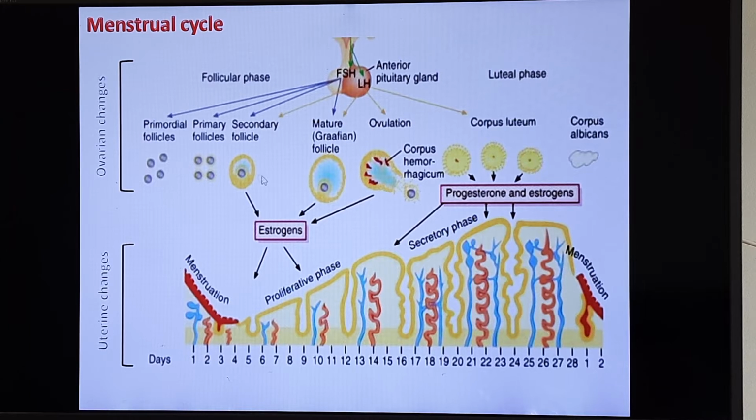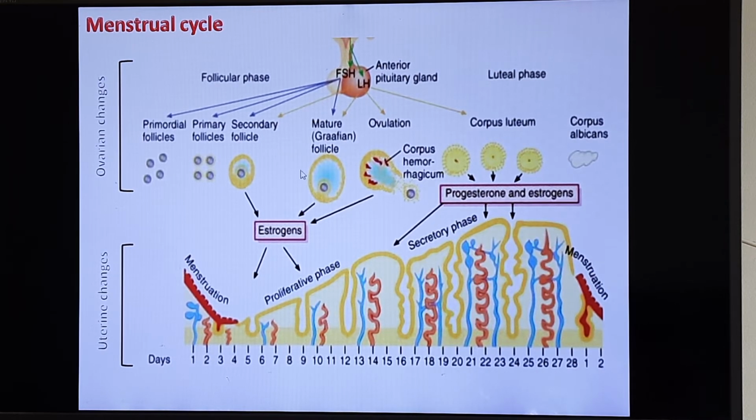In this phase, the change seen in the ovary is that the secondary follicle develops into a matured follicle. That follicle is known as the Graafian follicle. Only the secondary follicle develops into the Graafian follicle.